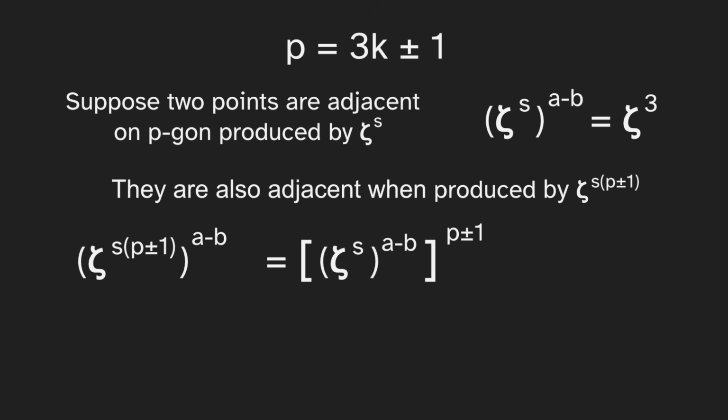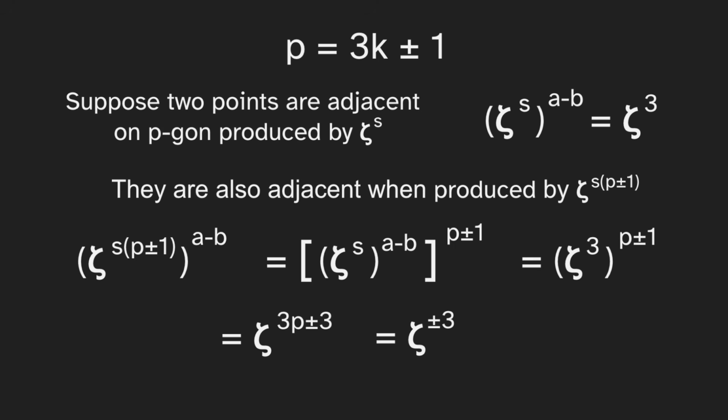Here, we just rearrange the exponents, and then we can substitute zeta cubed from above, and we see that this equals zeta to the 3p plus or minus 3. But zeta is a 3pth root, which means that just equals zeta to the plus or minus 3. So in both cases, these points are separated by zeta cubed, so they're still adjacent on that p-gon.